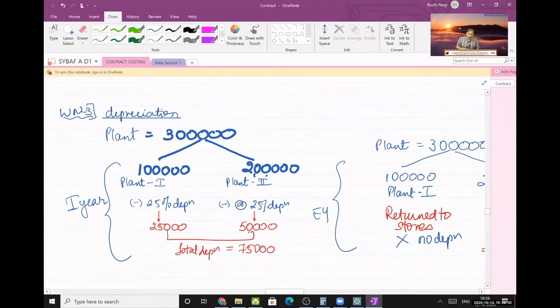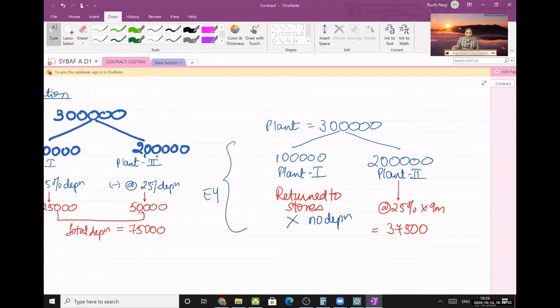Okay, and in the estimated year, what is happening? 1 lakh का plant I have returned. तो अभी मेरे पास एक ही plant है. बिकॉज आई एम नियरिंग टू कम्प्लीशन ना, तो अभी मुझे 2 प्लांट की जरूरत नहीं है, तो एक मशीन मैंने वापस भिजवा दिया. सिर्फ एक मशीन मैंने अपने पास रखा है 2 लाख का. तो जो 1 लाख का मशीन मैंने भिजवा दिया, it is not in use, so I will not give depreciation.